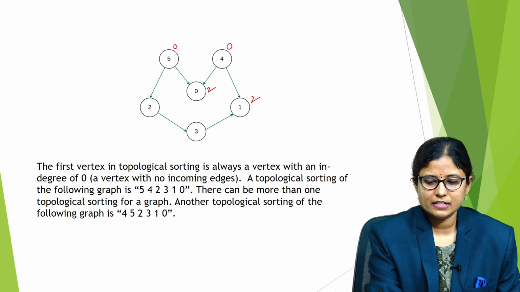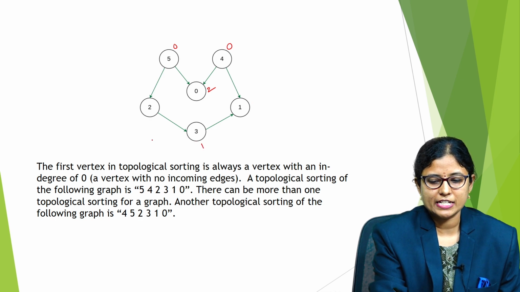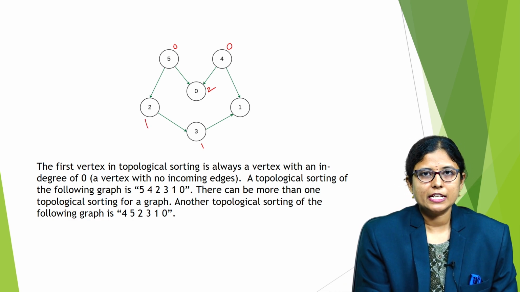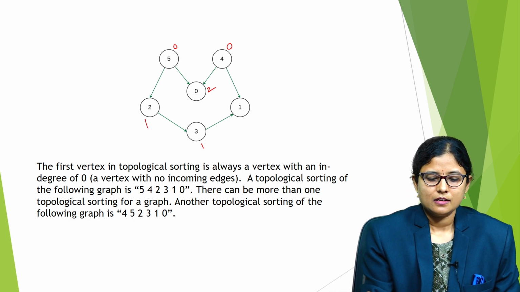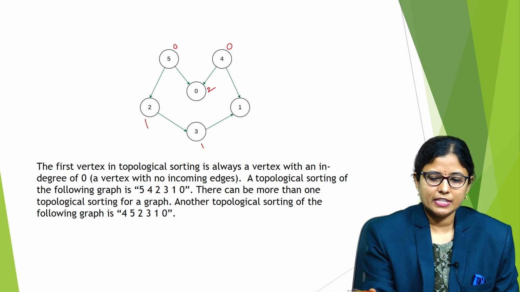For vertex 3, the indegree is 1. And for vertex 2, the indegree is 1. So, in topological sorting, the first vertex is always one with an indegree of 0.